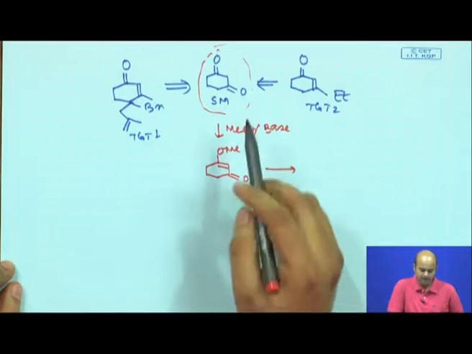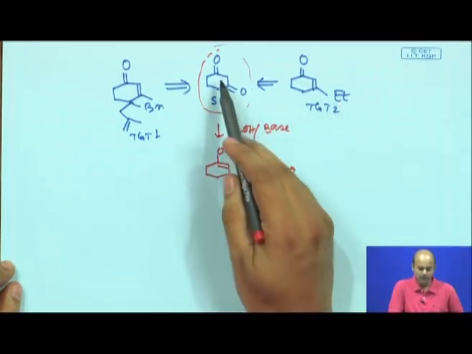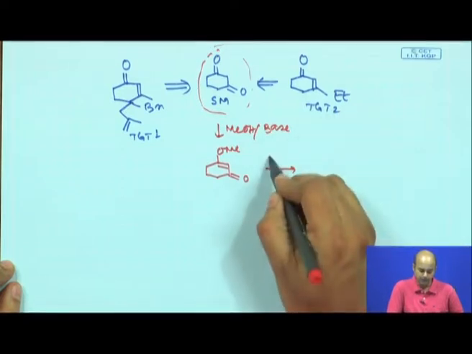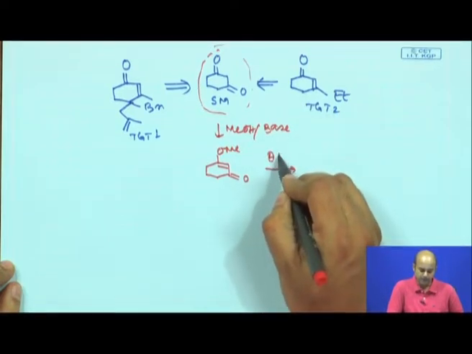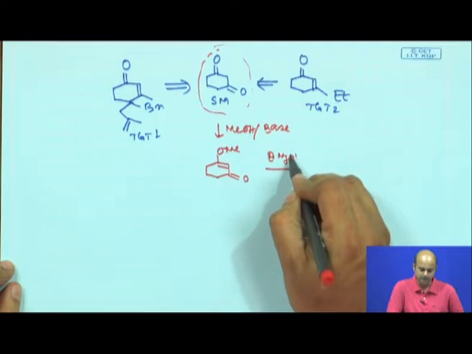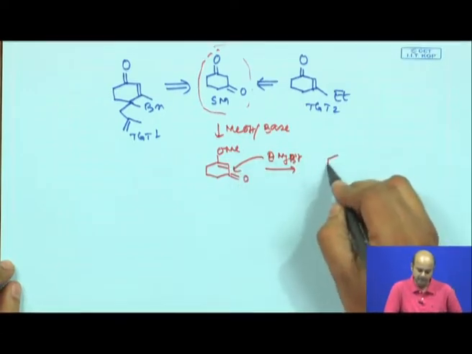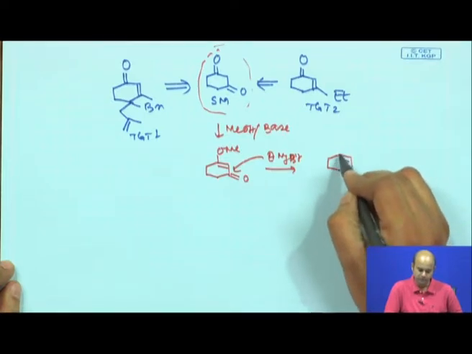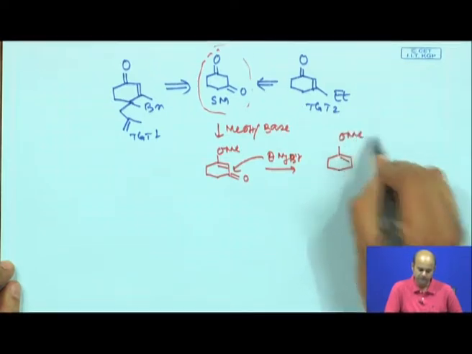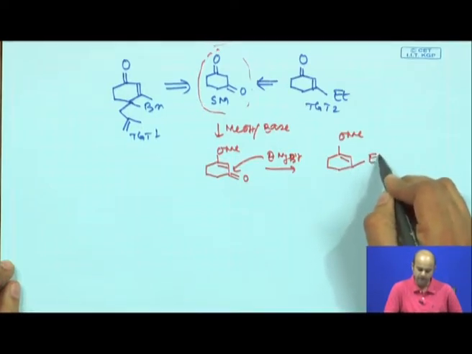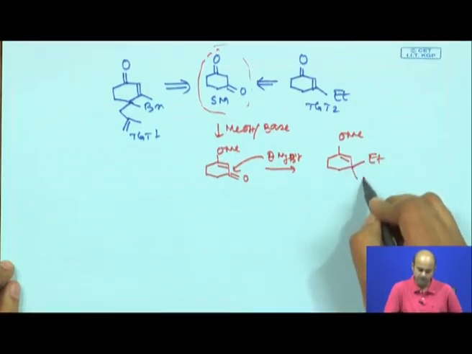Now, see, one of these carbonyl groups will not remain in the final target, and you have to introduce an ethyl group. So, ethyl magnesium bromide is probably the preferred nucleophile which you can think of attacking here, and if you do such a reaction, this reaction we have discussed earlier in a different way, you will get a tertiary alcohol.